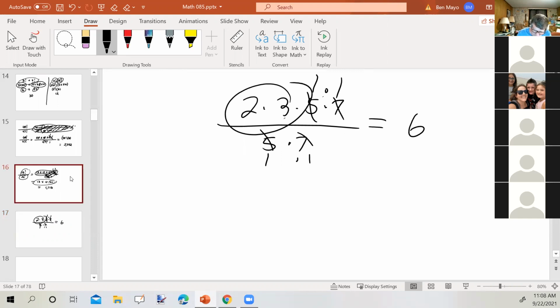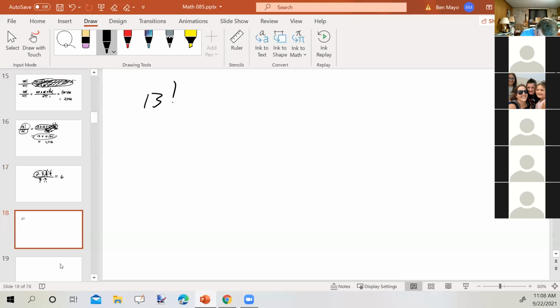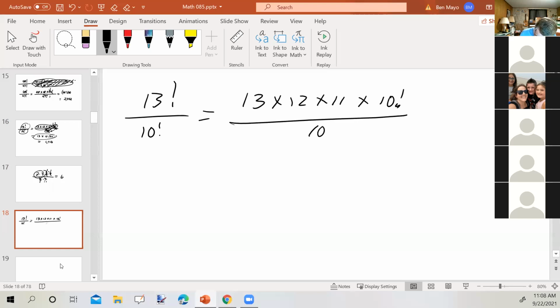Okay. So same thing applies here. Let's write this out again. I've got this over that, and I take 13 factorial and I break it down so that I pull out the 10 factorial. Those reduce down to 1 over 1. And all I've got left now is that, which was 1,716.